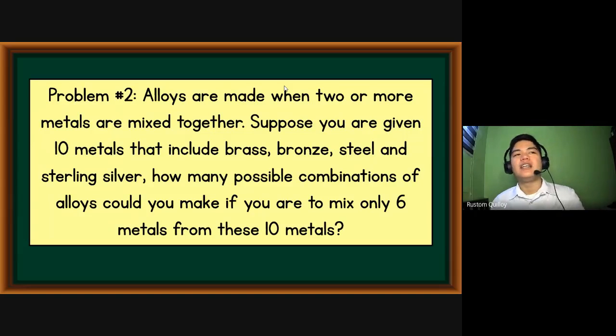So makakabuo tayo ng alloy kapag nag-mix tayo ng 2 or more metals. So meron tayong 10 metals na pwedeng pamilian, 6 na metals yung ating paghahaluin. So how many possible combinations of alloys could you make? Combinations of metals dapat to, hindi alloys. How many possible combinations of metals?